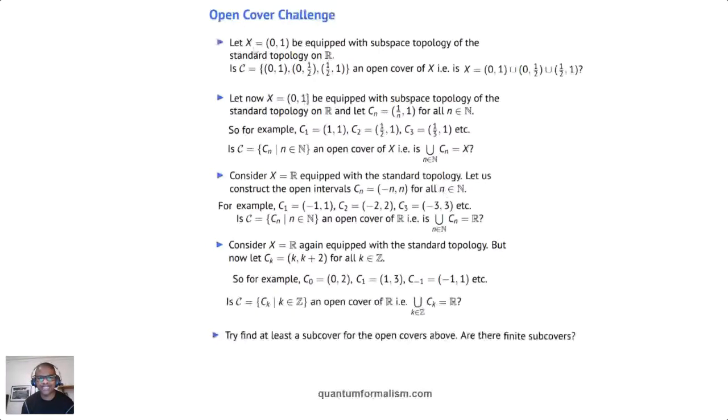The first one is, let X be this open interval (0, 1), equipped with obviously the standard topology. At some point, I will stop mentioning this because it becomes obvious that when we are talking about these intervals, or even a subset of Rn, we mean the standard topology.